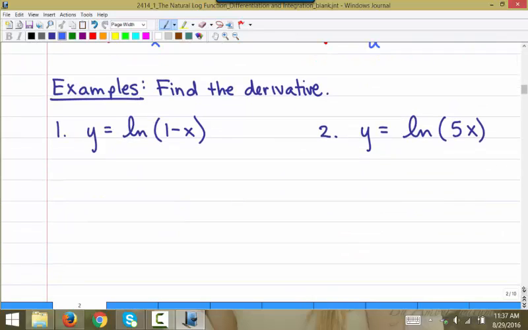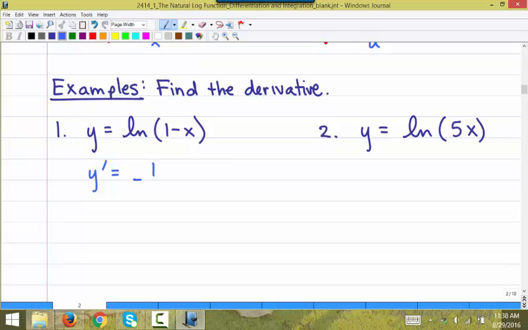Find the derivative of y equals natural log of 1 minus x. So I'm going to tell you the derivative is 1 over, what are you taking the natural log of? 1 minus x. Times, now what's the derivative of 1 minus x? Almost.